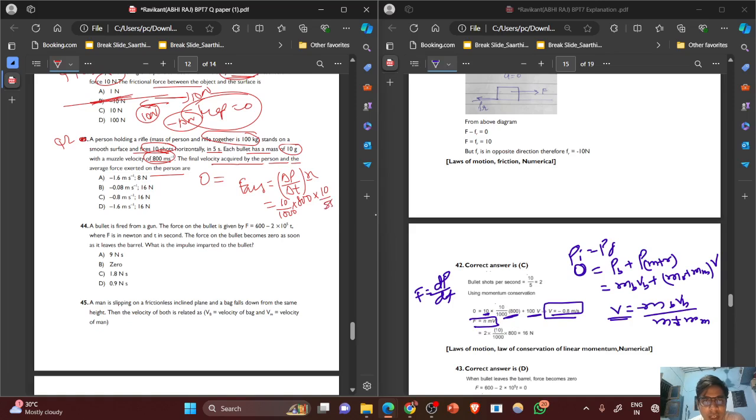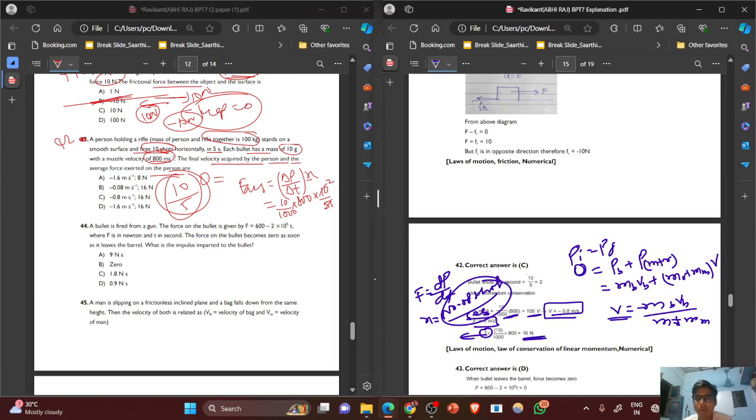Just solving it out, the 2 and then solving further, you get average force 16. This 2 comes from understanding this way. Here n represents the number of shots per second. There are 10 shots in 5 seconds. So 10 by 5 represents the 2. So your average force will be 16 newtons.